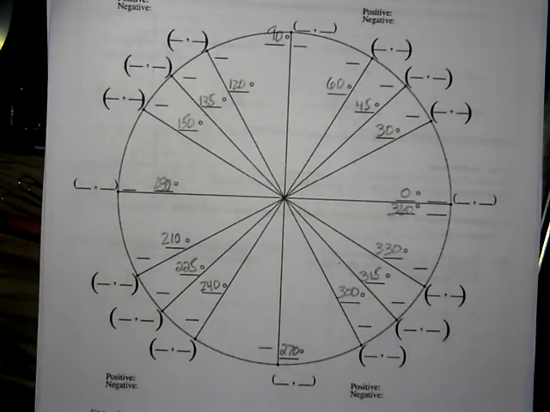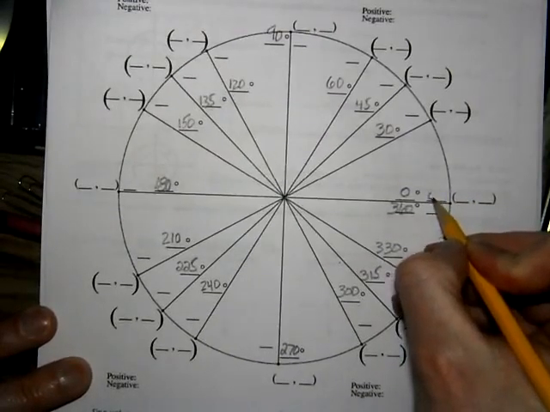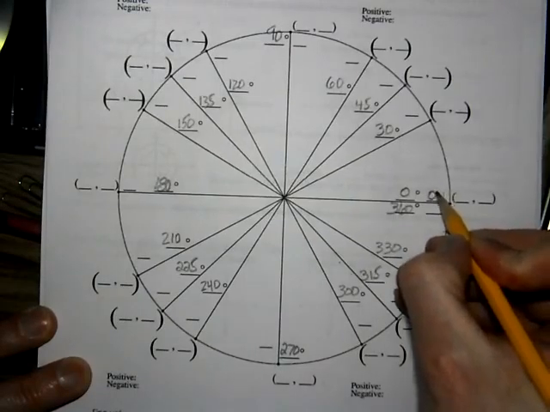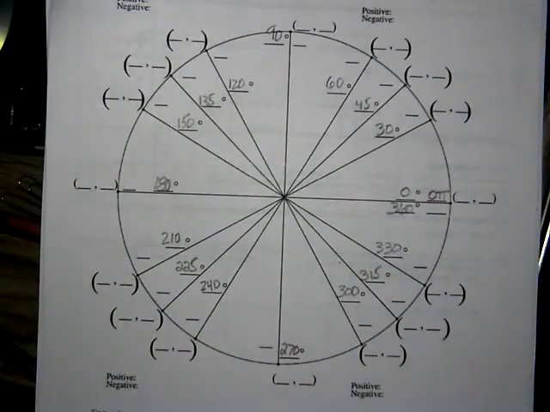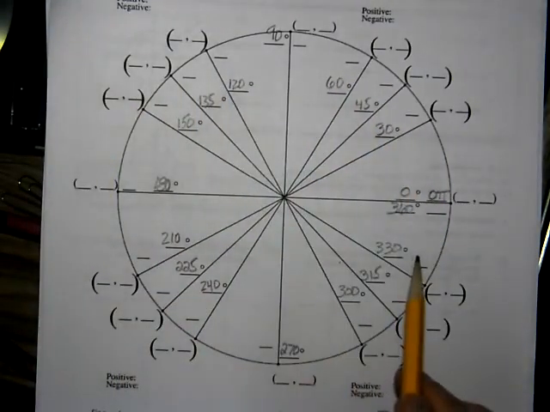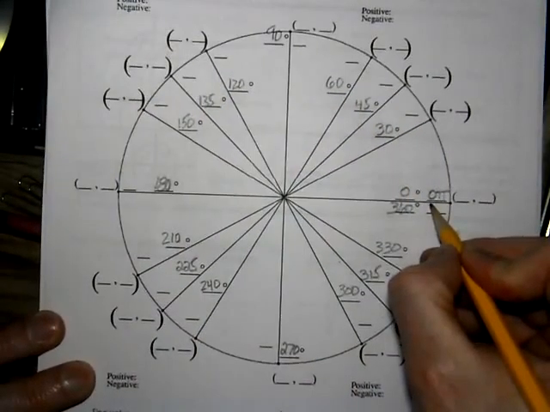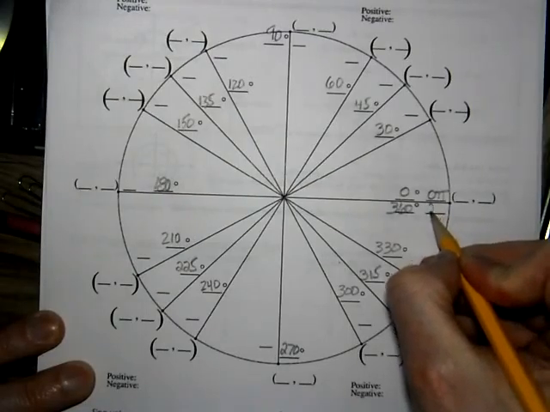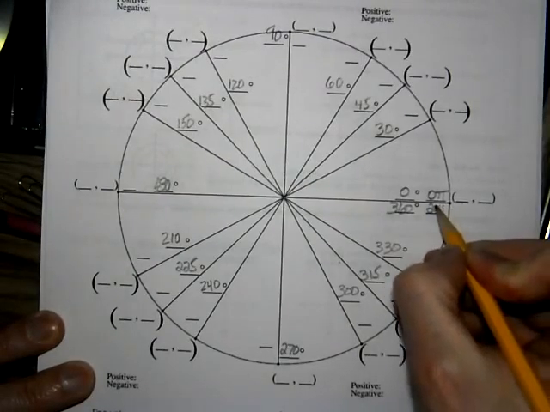Now we'll talk about radians. Radians is when we talk about the pi. So we'll start at the very beginning angle, and that would be 0 radians. We know that the entire circle of the unit circle, or of any circle for that matter, is considered 2 pi.